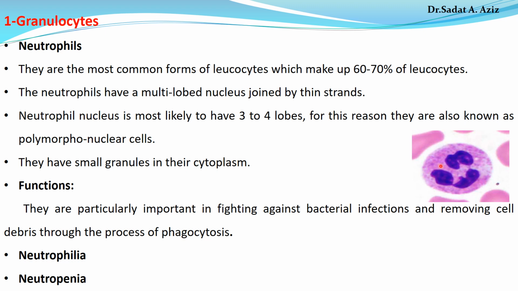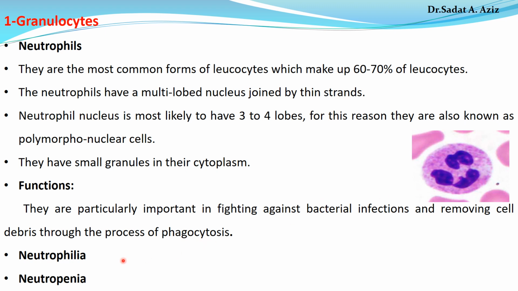They are particularly important in fighting, especially acute bacterial infection, and they are responsible for removing cell debris through the process of phagocytosis. Neutrophil is a weak phagocytic cell, but macrophage is a powerful phagocytic cell. So neutrophil can fight bacterial infection, and it can remove debris through the process of phagocytosis.